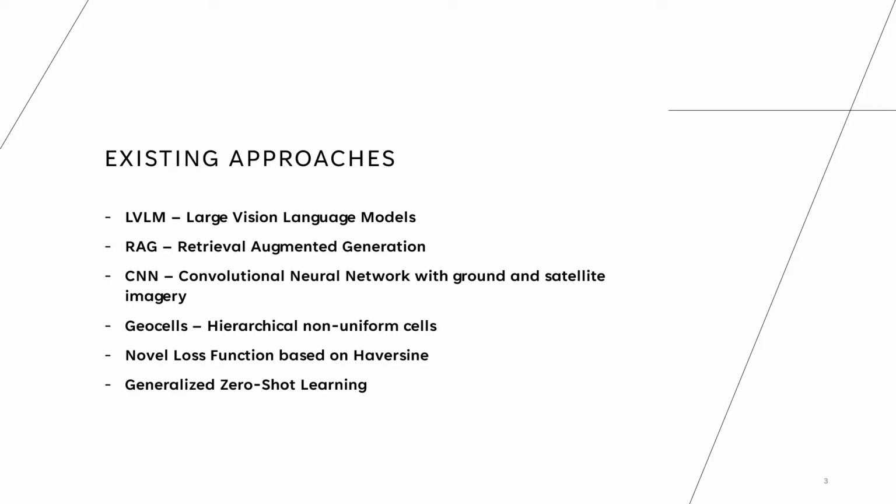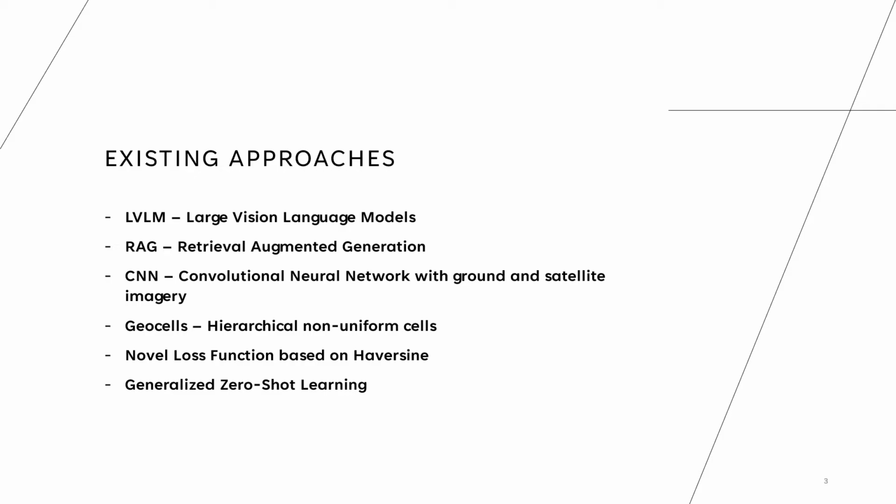And how they managed to achieve that is they implemented geocells. Geocells you can think of as a massive grid that covers the whole globe. Originally, researchers did do that, but they created a uniform cell, basically the same size cell copied and pasted all around the globe. So it really wasn't accurate because it would group different countries and different regions together, and there was no variation in it.